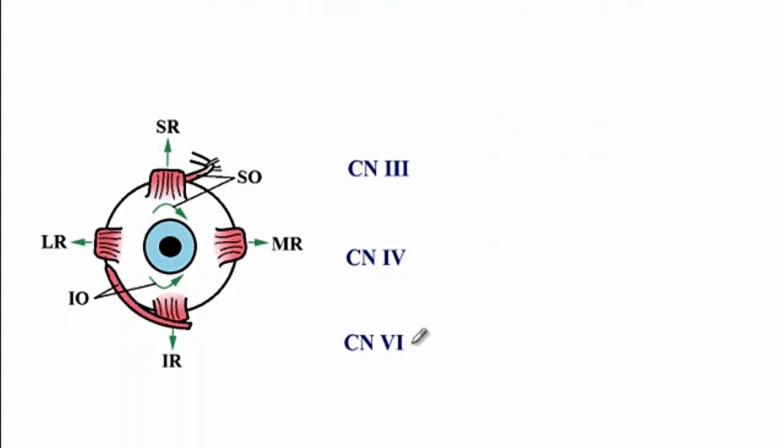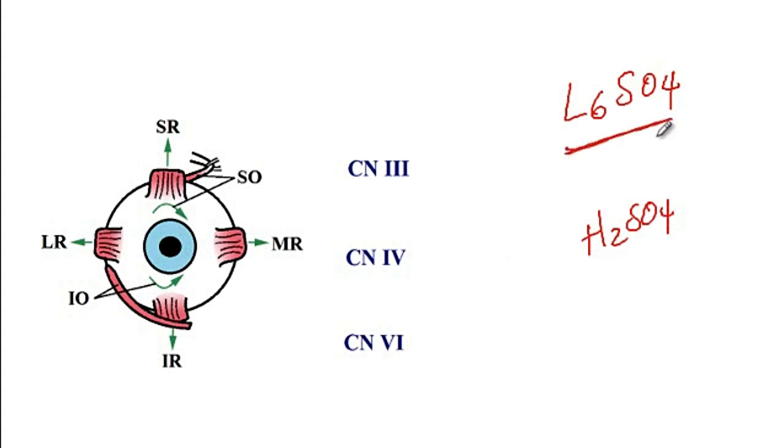So do you recall which muscles are innervated by each one of these cranial nerves? And the memory aid that I have for you is L6SO4. So you know how in chemistry we have the chemical formula H2SO4. So here I have a new chemical formula for you called L6SO4.